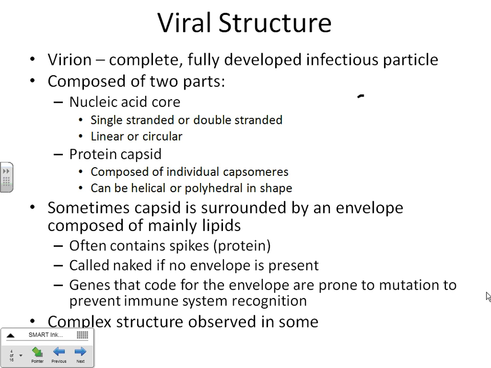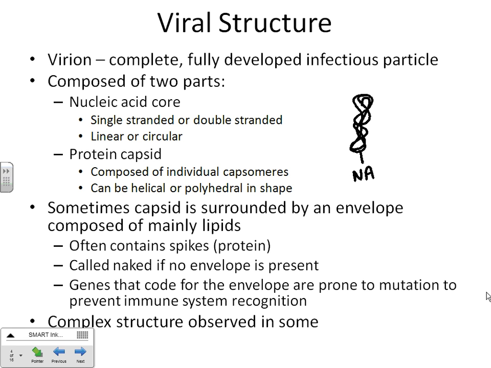Okay? Every virus has two parts. Okay? It's got the nucleic acid in the middle. That's what we call the core. What are the two types of nucleic acid? Deoxyribo or ribo, right? DNA or RNA. They can be one or the other. Something really neat about a virus, their DNA can be single-stranded DNA or double-stranded DNA.